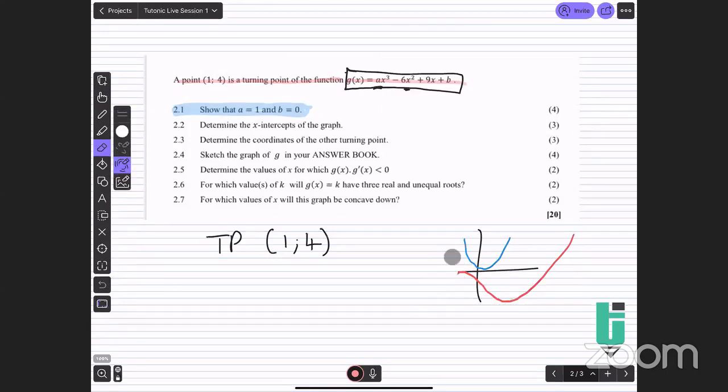So Nafisa is right. I think it was Nafisa who said that the turning point is always two pieces of information, guys. Why? Firstly, it's a turning point. And in calculus, what do you know about the turning point? The gradient.